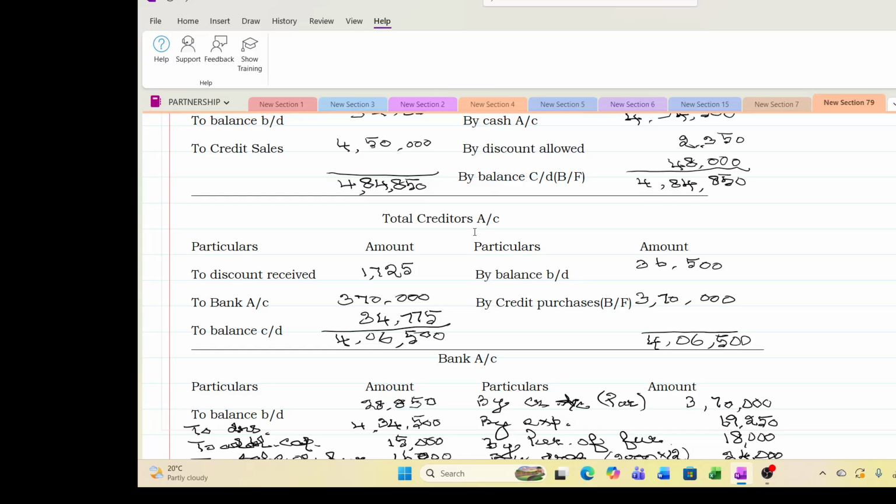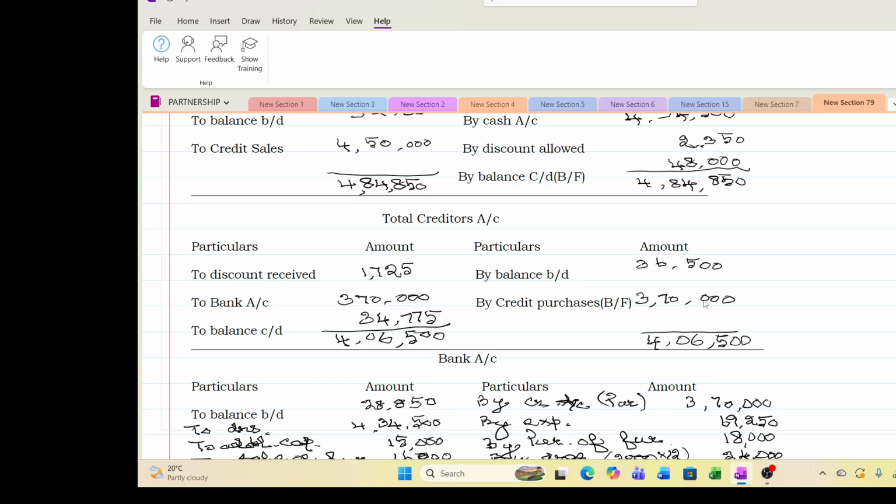Now coming to the creditors account, balance brought down was given, carried down was also given, and they have given 3,70,000 was paid to creditors, and there was a discount received 1,725. When you take the balancing figure, it also comes to the same figure, 3,70,000.